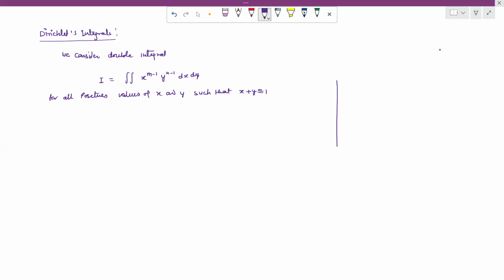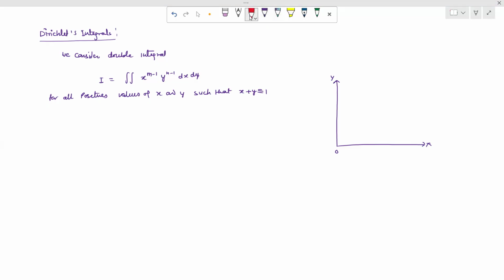So now when we draw the xy plane, here is the x-axis, the horizontal axis, then the vertical axis, that is the y-axis. Now we take all positive values. All positive values means x greater than or equal to 0 and y greater than or equal to 0. So we are considering, here on the x-axis, y equal to 0, and on the vertical axis, x equal to 0.